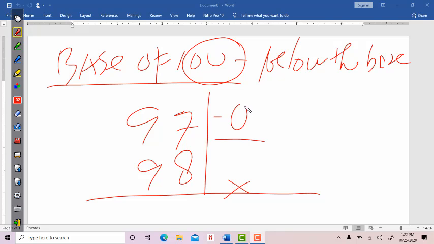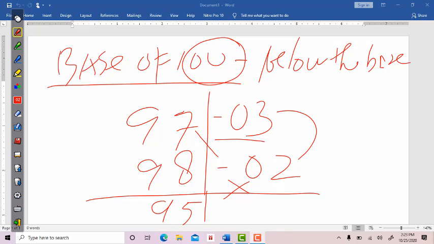So we write 0, 3 instead of only 3, because we need to put 2 digits back here. Here it will be 0, 2. The same way, 97 minus 0, 2 is 95.